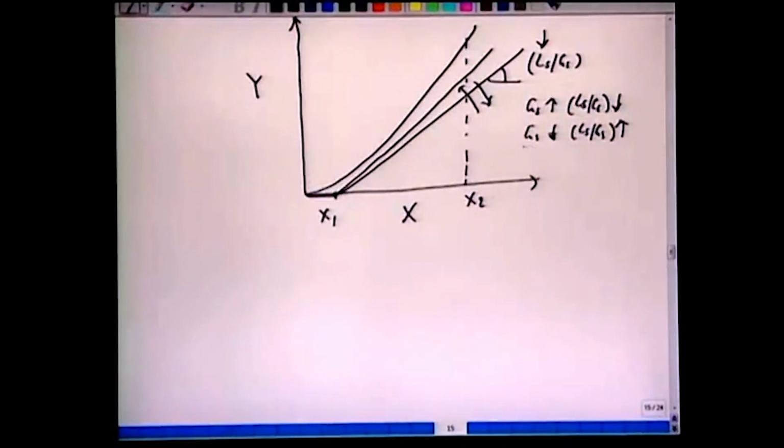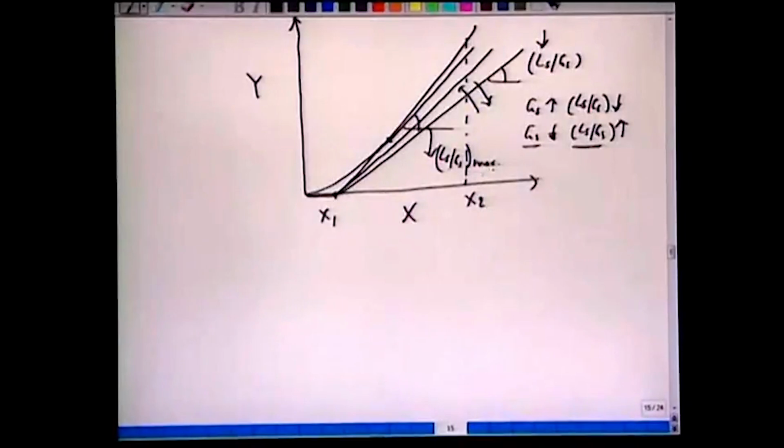So when GS decreases, look at the movement of the slope till there is a point when it makes a pinch here. This point where it makes a pinch will give us LS by GS which is maximum. Make a note here, LS is the numerator, GS is the denominator.